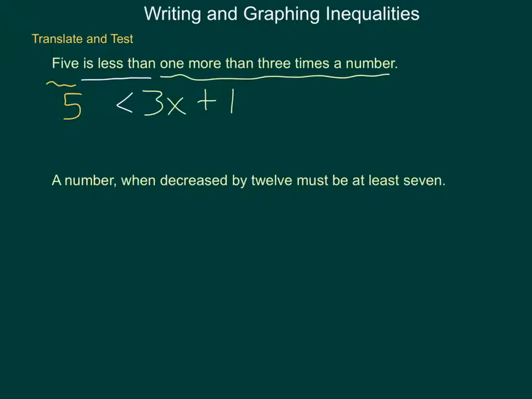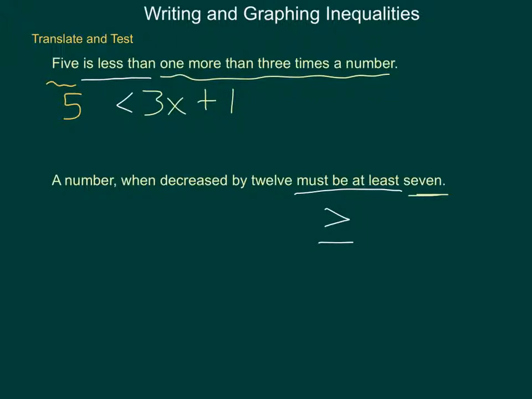Next, a number, when decreased by 12, must be at least 7. So, again, we're going to find our term for the inequality first, and that is must be at least. Now, back to the chart that we had on the previous slide, at least tells me greater than or equal to. Now, what is it greater than or equal to?